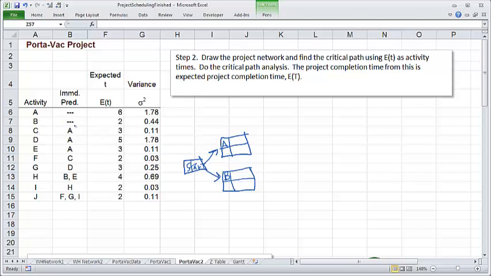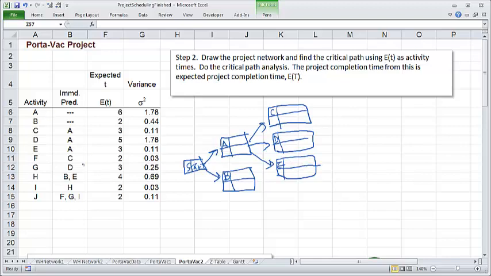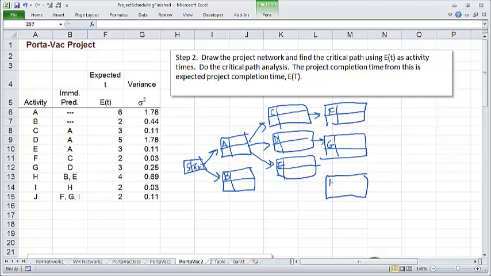Then from A, we have C, D, and E. And from C to F and D to G. Now H has two predecessors, B and E. Let's put H here.